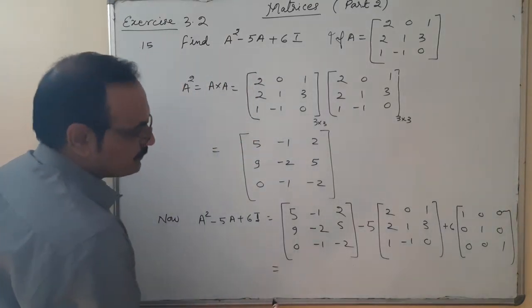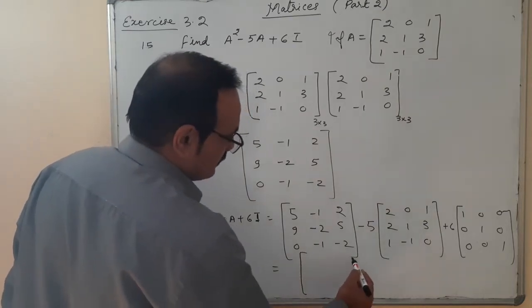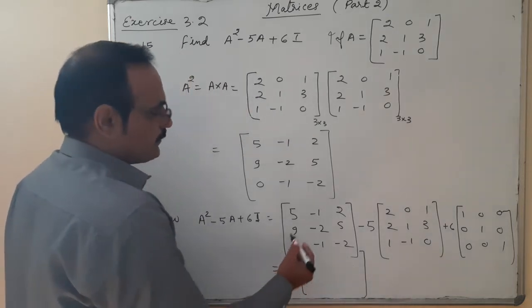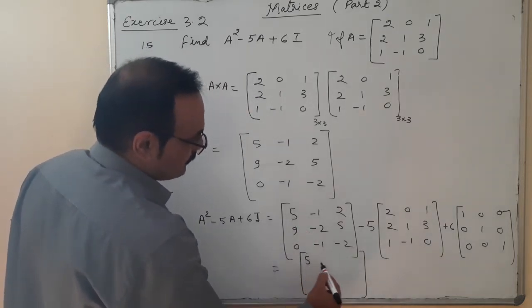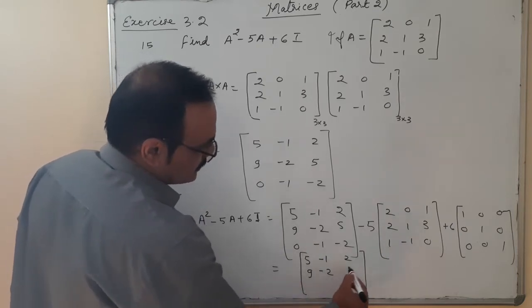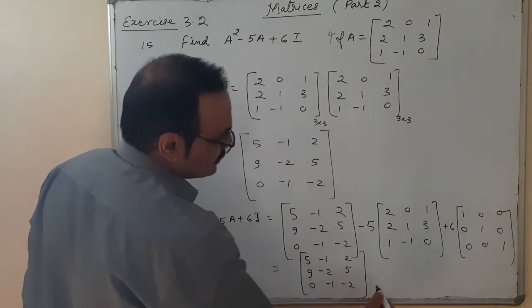That means, what is the result here? 5 minus 1 2, 9 minus 2 5, 0 minus 1 minus 2.